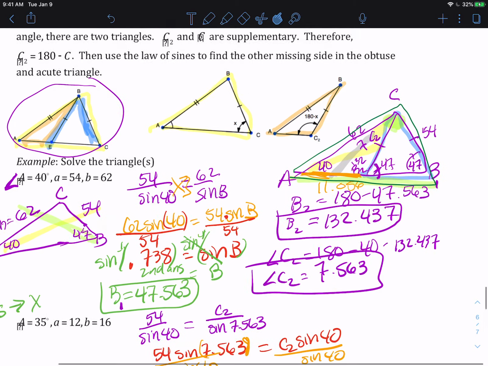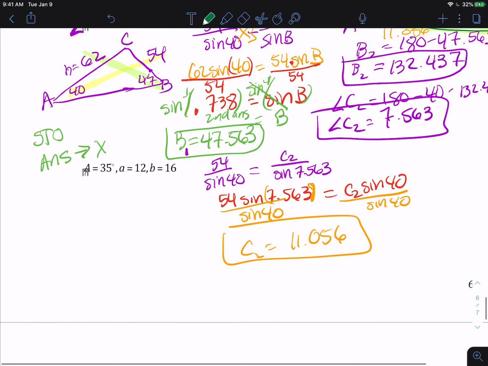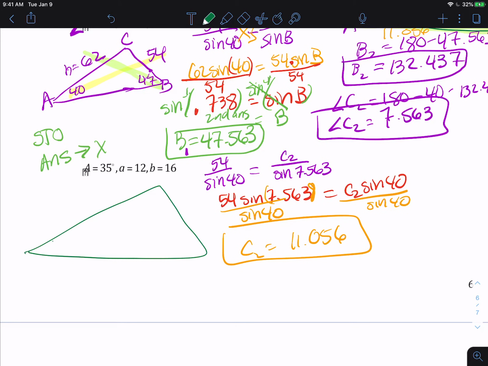So I'm going to redraw that off to the side. Right, so we know this is 40, this is 54, this is 62, that was the 47 point whatever, which means I need to find these two pieces of information, right? Well, this was A, this was C, this was B. This was B1 that we found, so this will be C1, so this will be little c1.